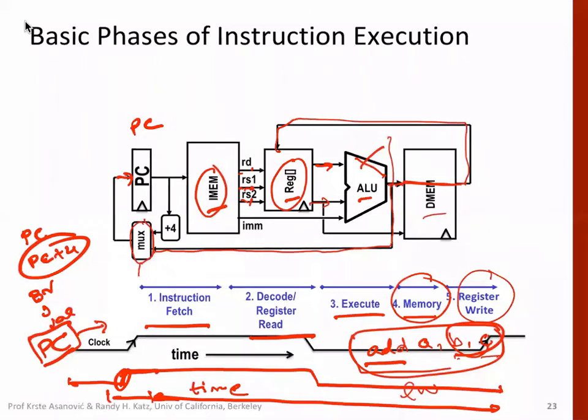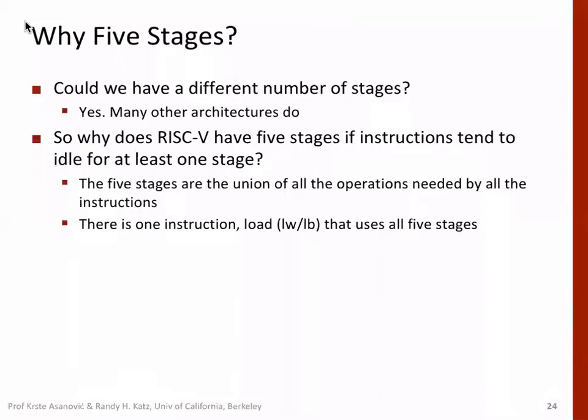For example, memory may not be executed in an add instruction or subtract instruction, right? That's okay, but it simplifies the design. Some instructions use all 5 stages, like load word or load byte.